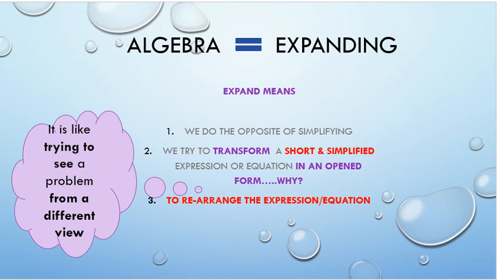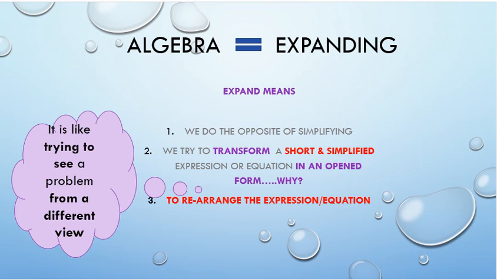The second thing we need to discuss is expanding. Expand means that we do the opposite of simplifying. Actually, we try to transform a short and simplified expression or equation and open it up. And actually, we do that in order to see what's in there and see if we can eventually simplify, add, solve the problem. It's like seeing something from different views.